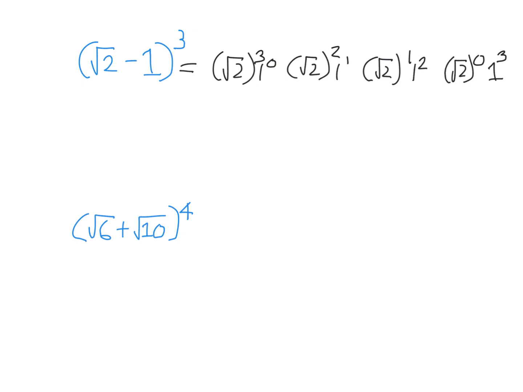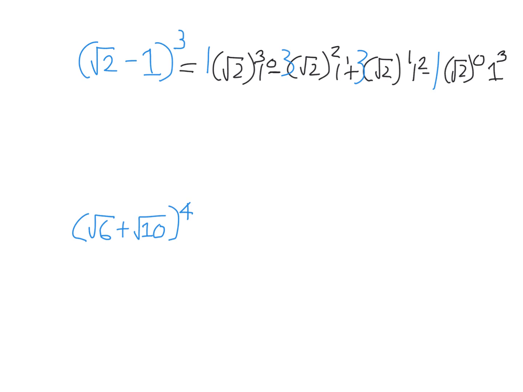Now, because there is a minus in this bracket, we'll have the first term positive, the second one's negative, then positive, and then negative. And Pascal's triangle tells us that the coefficients will be 1, 3, 3, 1. Now we just need to simplify it. So root 2 to the power of 3.